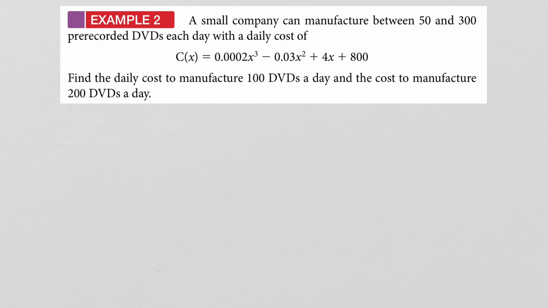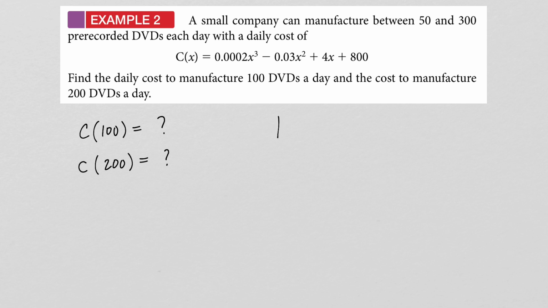So all they're asking us to do is to find the cost of manufacturing 100 and then the cost of manufacturing 200. So they're just asking us to plug 100 and 200 into this function. Now you could do that. You could just plug it in, but we're going to use the remainder theorem to do this.